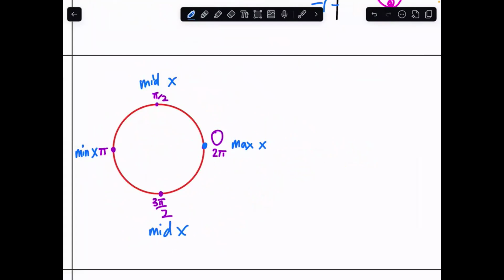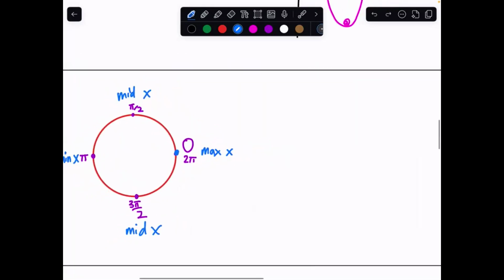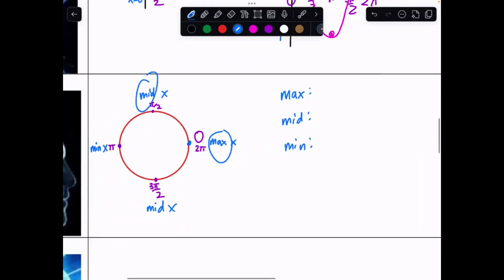And then the way we calculate these values, what is the maximum x value? It's the exact same way that we did the sine values. So there's only 3 values we care about: the maximum, the mid, and the minimum. This mid is a repeat.